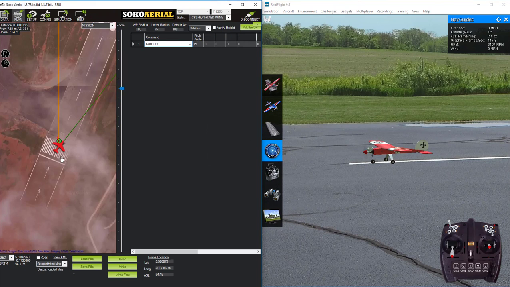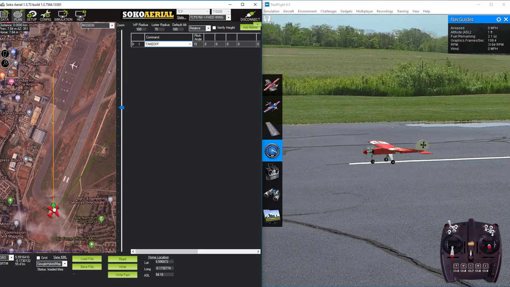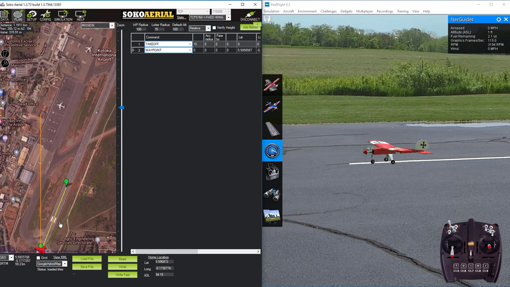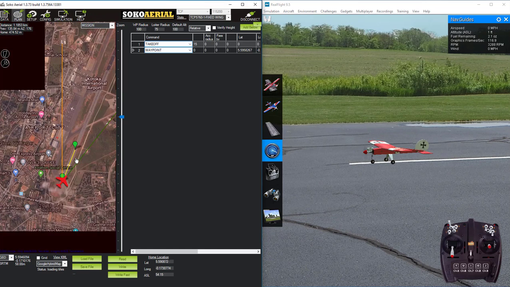So that's where my takeoff is. Let's assume that's my takeoff point, and then I have my first waypoint, waypoint 2, approximately 100 meters away from the takeoff point. That's pretty decent for us to have any transitional change into the mission area.